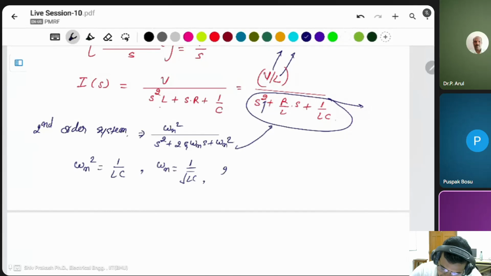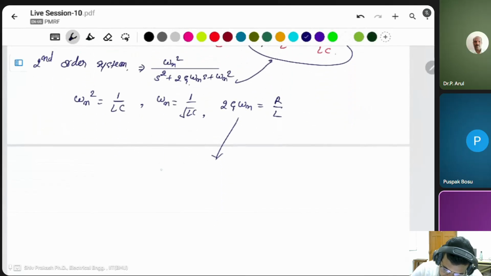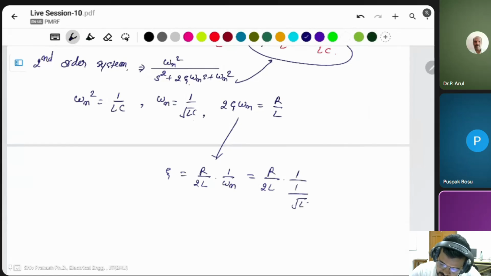And 2 zeta omega n is equal to the middle term, R by L. Then zeta is equal to R by 2L into 1 by omega n. Omega n is 1 by root LC, so this will be R by 2L into root of LC.